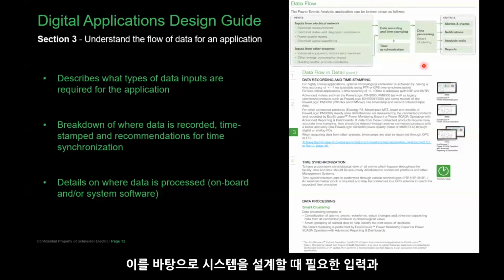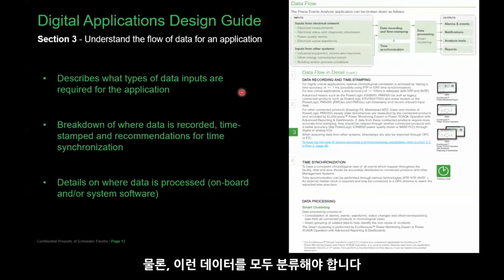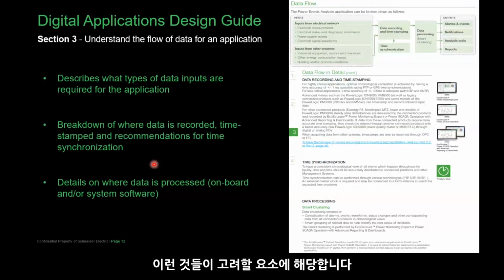Then from there, when you design your system, you need to make sure you have the right offer, the right products, that are able to deliver the input and eventually the output, okay? And then of course you break down all this data into times: what is it going to record, where is it going to record, the timestamp, the recommendation of time synchronization. So these are some of the consideration factors as well.